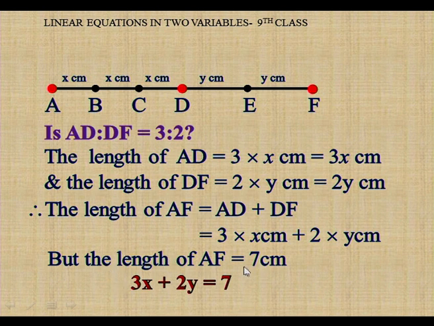This is looking like an equation now. Are you able to see here? So, 3x plus 2y is equal to 7, it is an equation. Now, please see, the power of each and every variable here is 1. That means if the degree of any equation or polynomial is 1, you will call it linear.